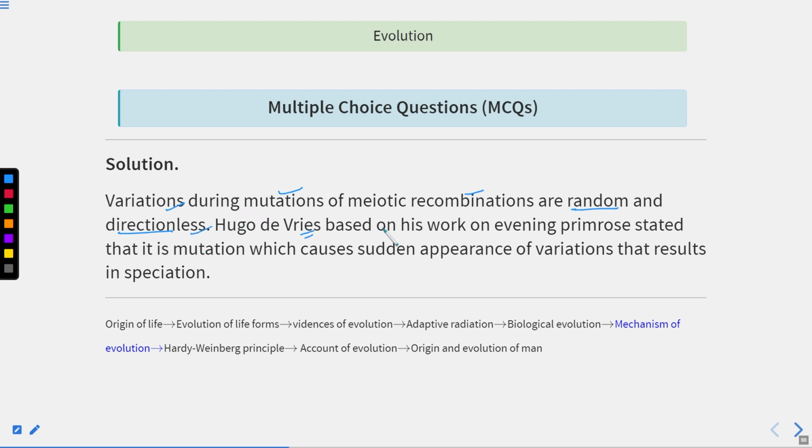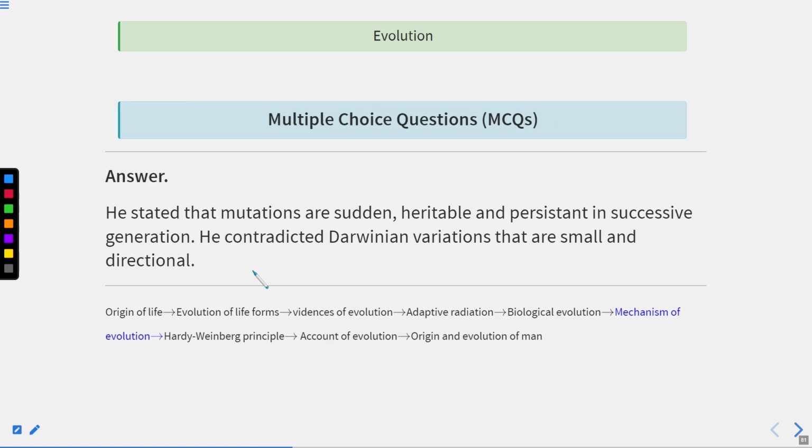So Hugo de Vries, based on his work on evening primrose, stated that it is mutation which causes the sudden appearance of variation. Mutation is the cause of sudden appearance of variation that can result in speciation. He stated that mutations are sudden, heritable, and persistent in successive generations.